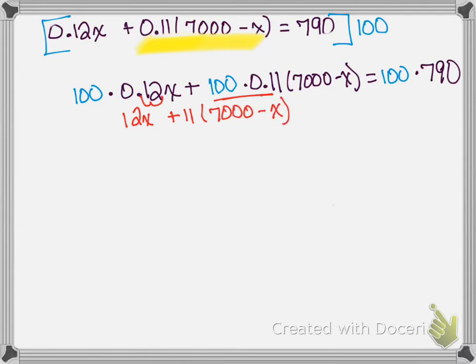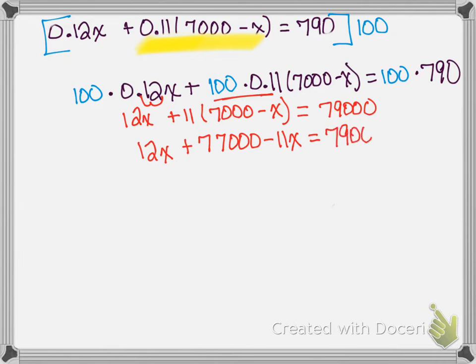I'm done with the 100. Once I multiply 100 times 0.11, I'm done. Okay? The only thing I'm distributing is the 11. So I have 12x. 11 times 7,000 is 77,000. Okay, and at this point, the problem's not too difficult to solve.